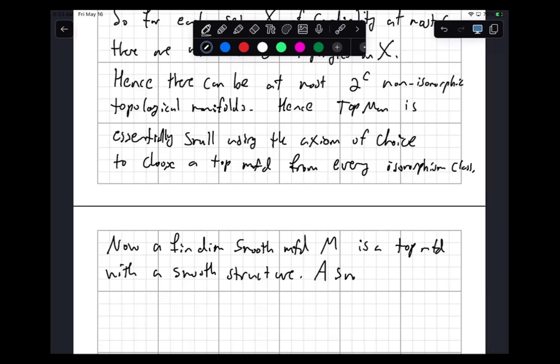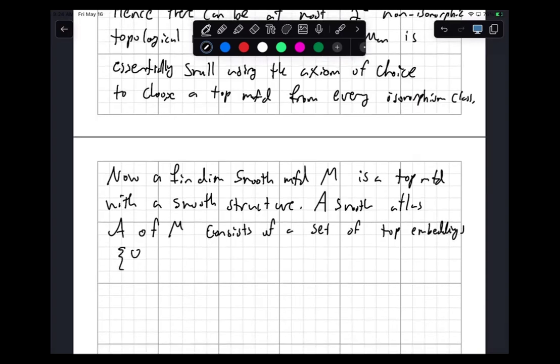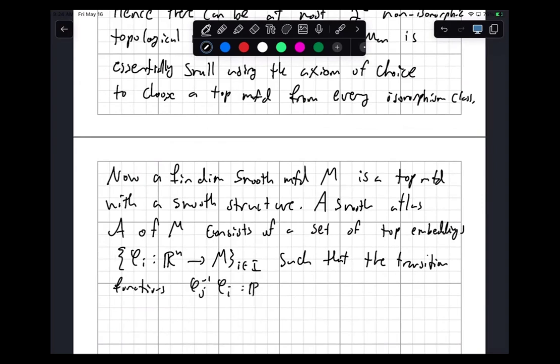A smooth atlas A of M consists of a set of topological embeddings such that the transition functions are smooth, in which case we say phi_i, phi_j are compatible.